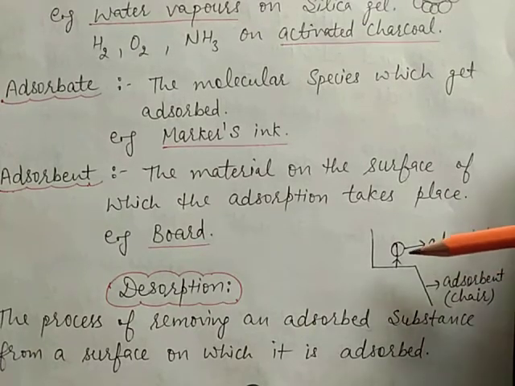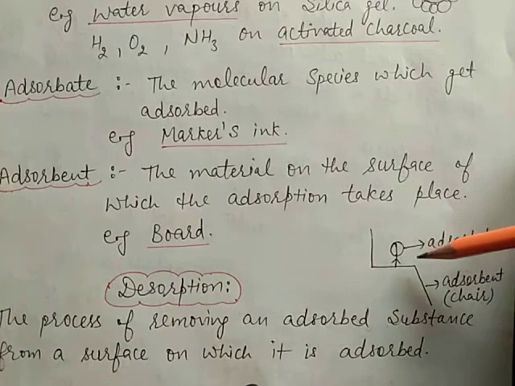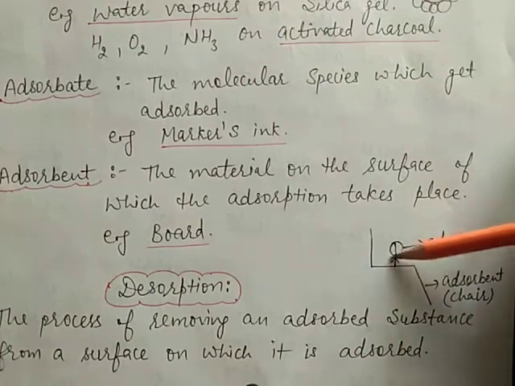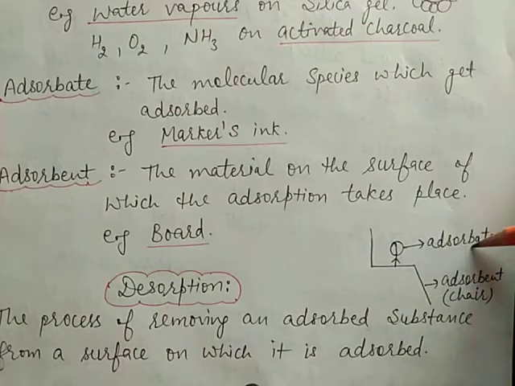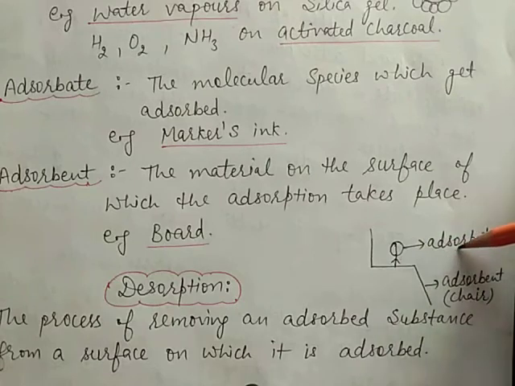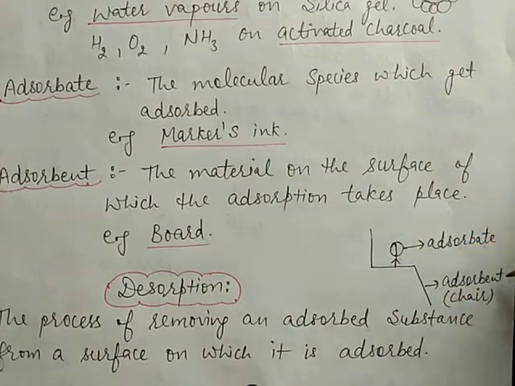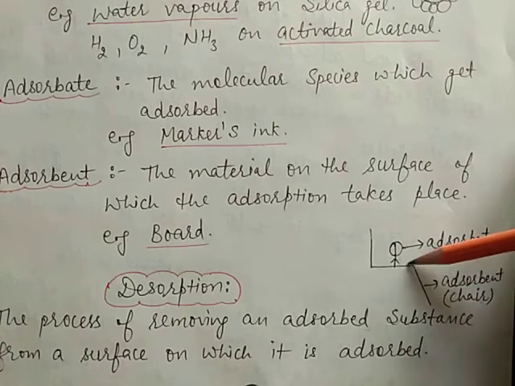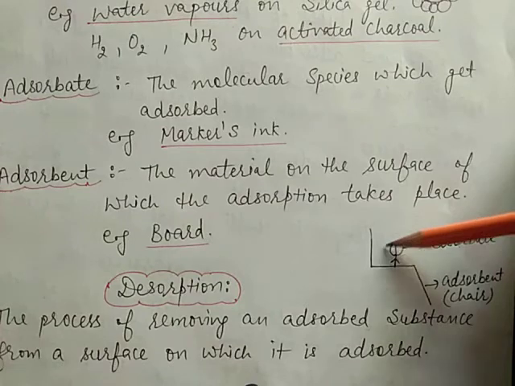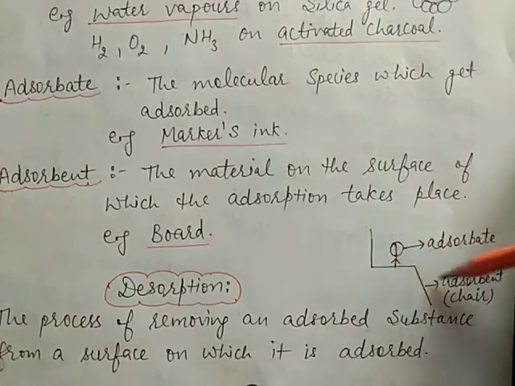Then here adsorption takes place, means the species which get adsorbed, that is adsorbate, means this is the person sitting here, this is adsorbate, and the chair is adsorbent because this is the material on the surface of which the adsorption takes place, means this is a surface phenomenon.